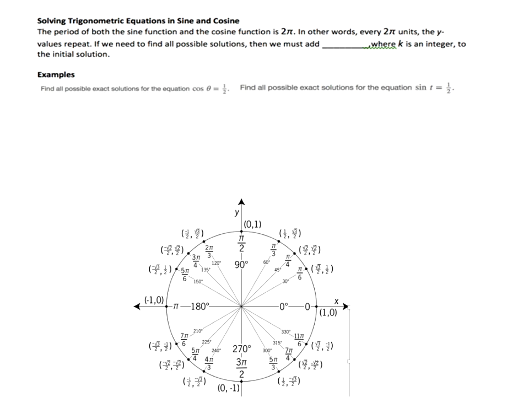The first thing that we come to in this section is the idea that because we can move through the unit circle as many times as we'd like, and the period of sine and cosine is both 2 pi, when we are coming up with possible solutions to trigonometric equations, if they want all possible solutions, we have to consider that we may go through the circle more than one time.